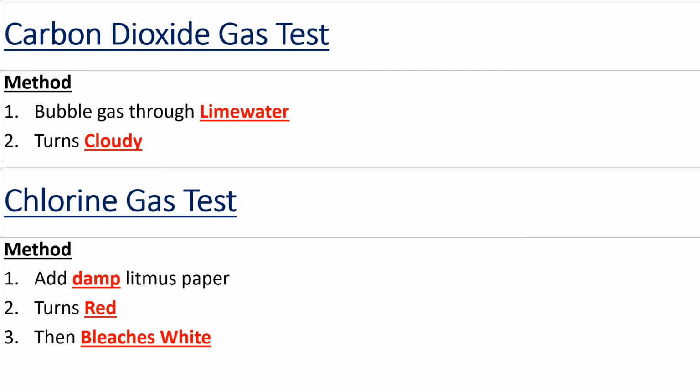Carbon dioxide. Now you could have a lit splint and place that in carbon dioxide and it would extinguish, but that doesn't necessarily tell you it's carbon dioxide, because if you did that same thing with sulfur dioxide or ammonia, it would also extinguish. So the test for carbon dioxide gas is to bubble it through lime water and it turns cloudy. So the test is to bubble it through lime water, the result is it turns cloudy.